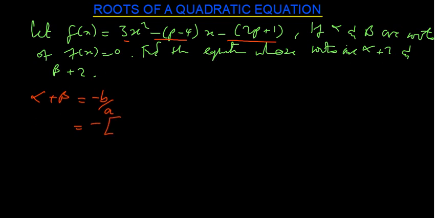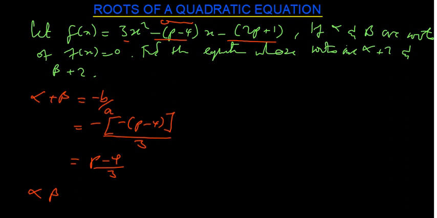Our b is all this region, negative (p minus 4), and then over our a which is 3. Negative by negative will cancel, so we are going to remain with p minus 4 over 3. Then we find our alpha beta, which we know is c over a. Our c is negative 2p plus 1 over our a which is 3.